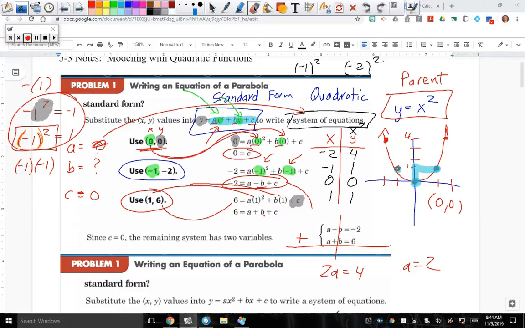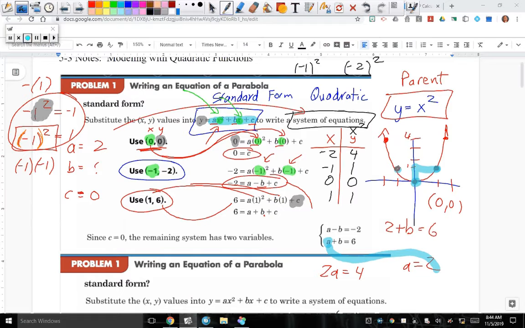So if c is 0 and a is 2, how do I find b? Just plug it into any one of these equations, right? So if I plug in, doesn't matter which one we use, you tell me which one do y'all want, the first or the second one? Second one? So let's put a is 2 right here. So 2 plus b is 6.